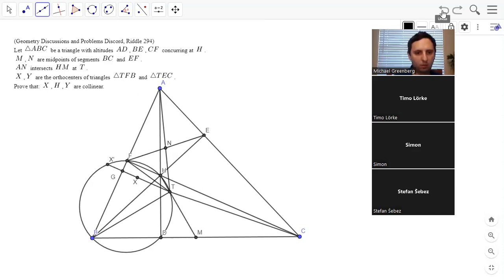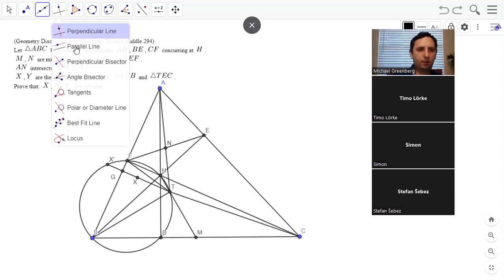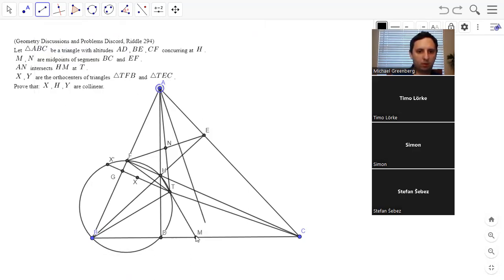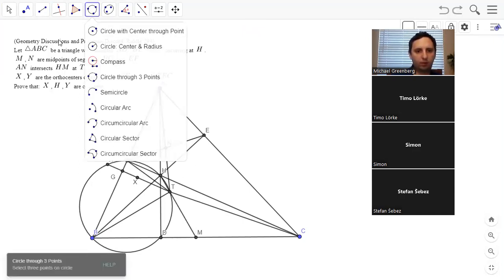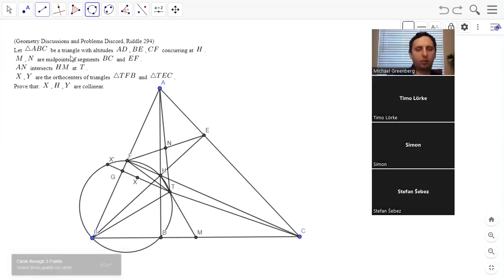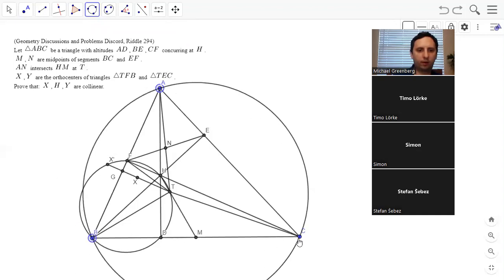Let's add the Humpty point. Or is it called that? The other one on the circumcircle, the intersection of this and this.